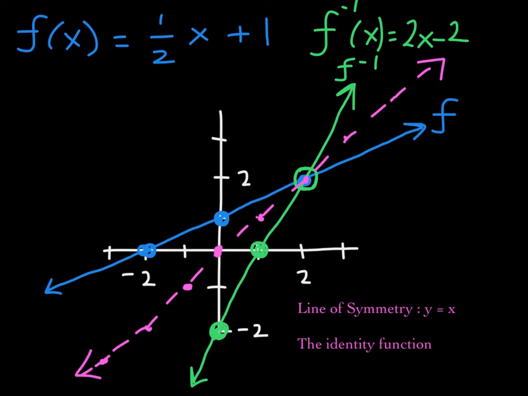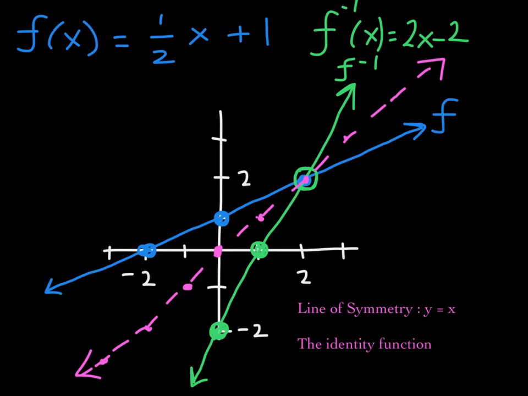One last thing I'd like to say is that although the graph of f and f inverse are not guaranteed to intersect every time, if they do intersect, what's really interesting is they will intersect on the line of symmetry. So notice that they intersect right here at 2, 2, and that point is on the line of symmetry. So if a function and its inverse intersect, they will intersect on the line of symmetry.